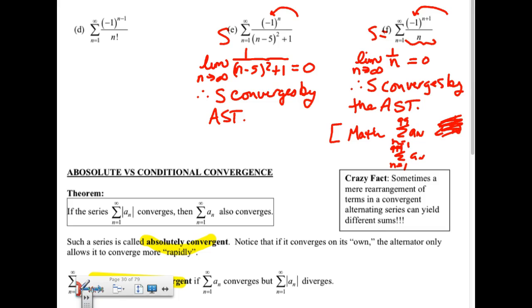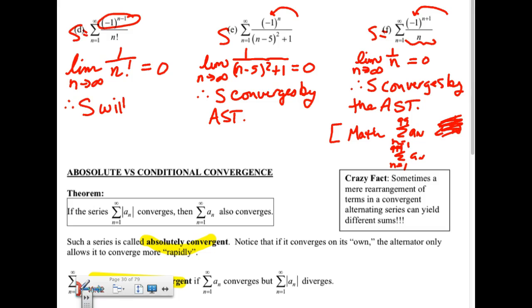Done. Easy, huh? So again, in the presence of an alternator, if the limit as n approaches infinity of the series in the absence of the alternator goes to 0, which this one does, then the series with the alternator in it will converge by the alternating series test.